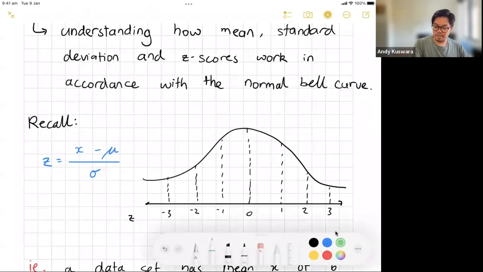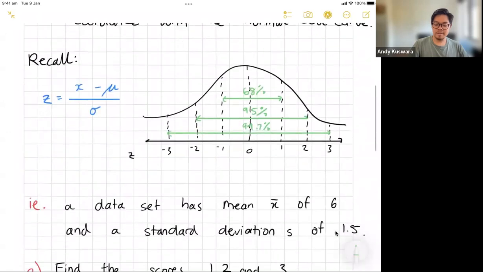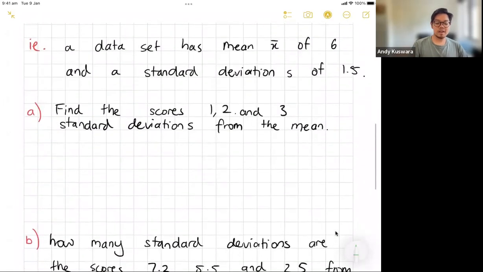Just a quick reminder that between -1 and 1 is 68%, between -2 and 2 is 95%, and between -3 and 3 is 99.7%. Okay, now let's jump straight to some questions that they'll ask.